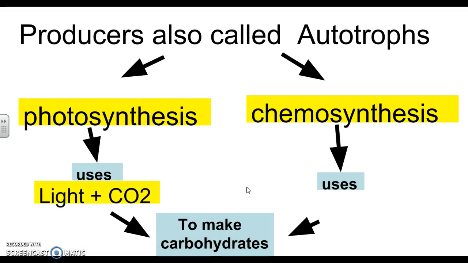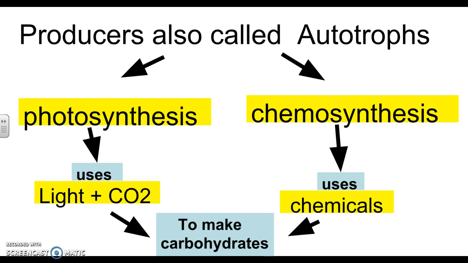Photosynthesis is going to use light and CO2, so they actually have to be near a light source at all times. And chemosynthesis is going to use chemicals. So these are going to be the ones that live deep in the ocean. Still number 3. And I'm going to have y'all add chemosynthesis to your notes in a second, but not on this slide.